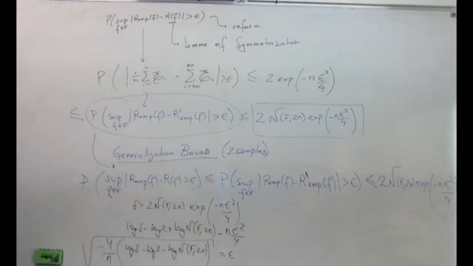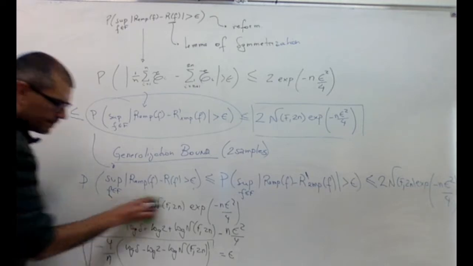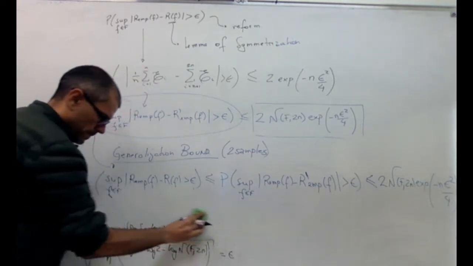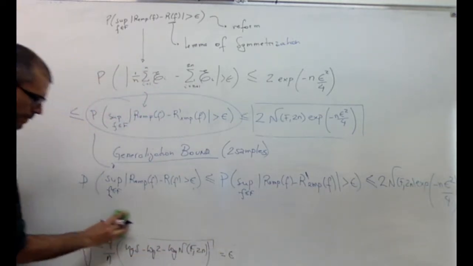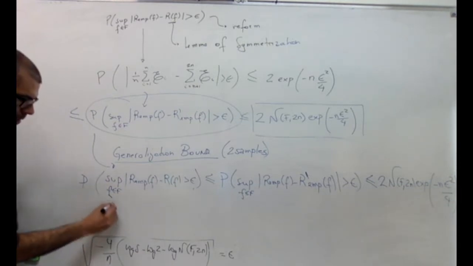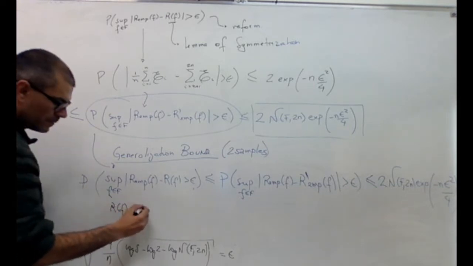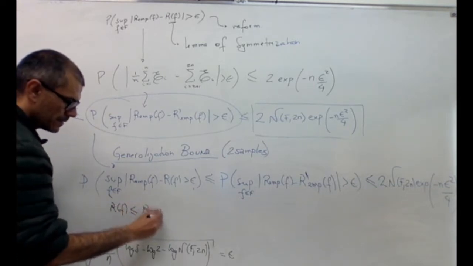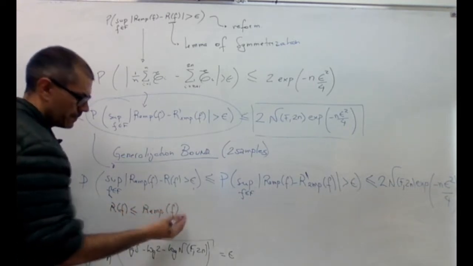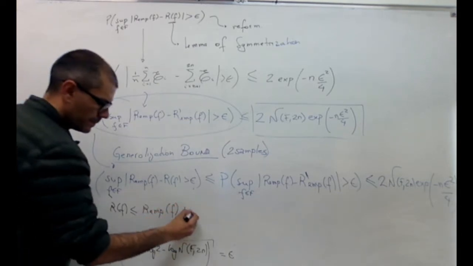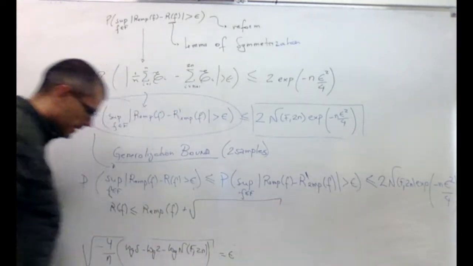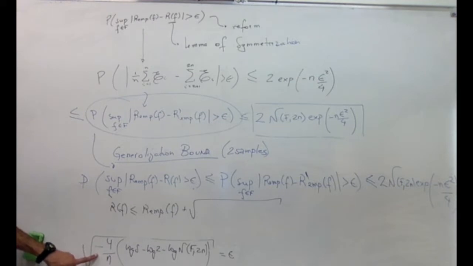Yeah, it's right. So now from this, we finally have the expected risk to be smaller than or equal to the empirical risk of f plus this term. I prefer this term as a positive term because it makes it easier to understand what's happening.